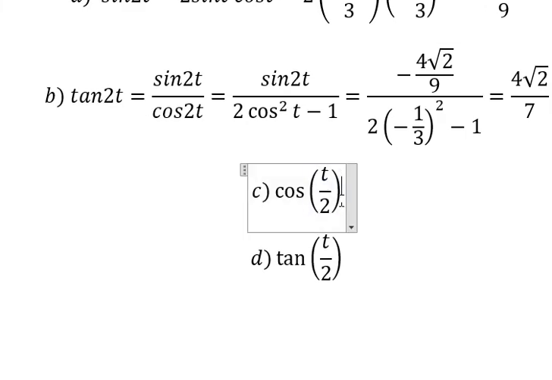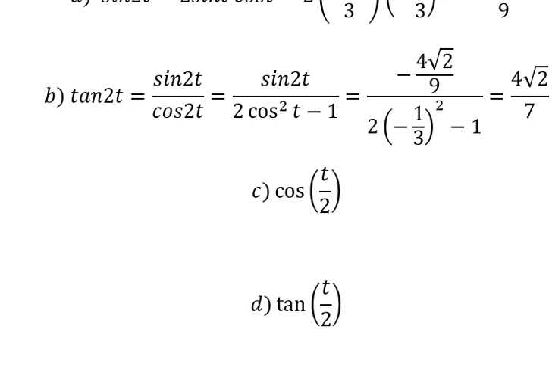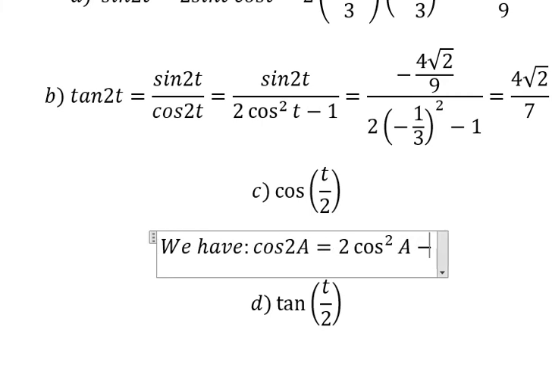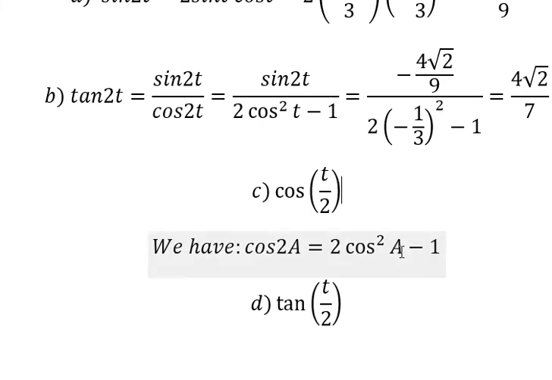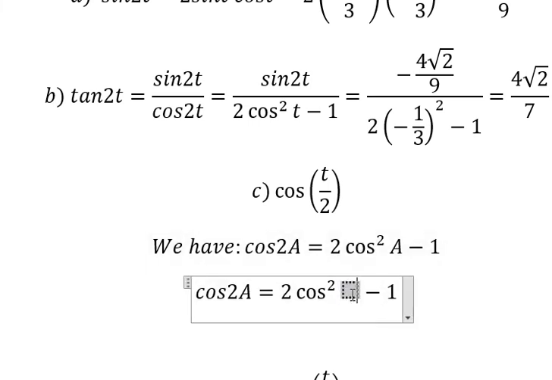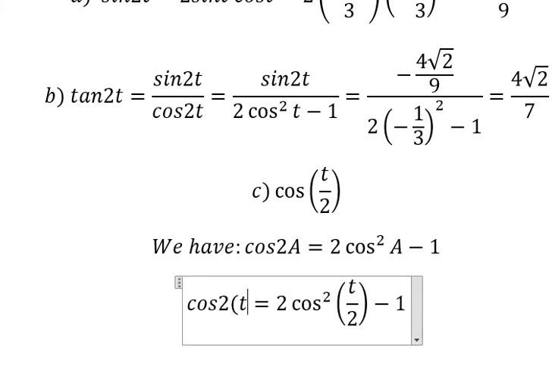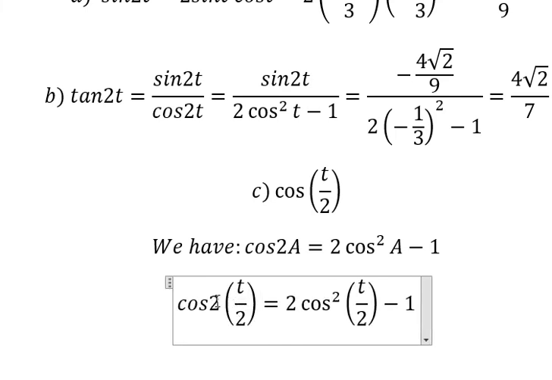Question C. We can apply the formula in here. That is cosine 2a equals 2 cosine a squared minus 1. So we change capital A into t over 2. And I will put t over 2 in here. And we see 2 multiplied by t over 2 is t.